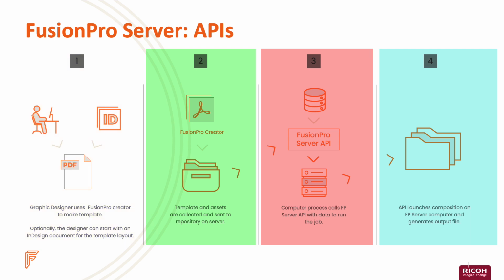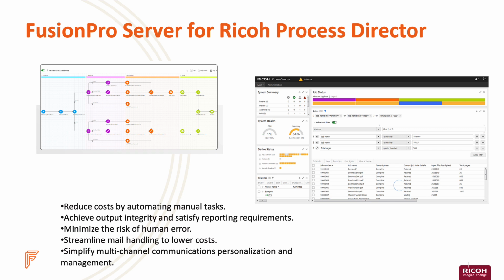Now, one such system is Ricoh's own Ricoh Process Director, or RPD, if you've ever heard it called that. This is a system that allows you to automate tasks. So, a data file comes in, it gets sent out to postal sorting, it gets brought back, gets deduped, whatever your process might be next. And then one part of it is going to be calling for a FusionPro composition, which is built into the product.